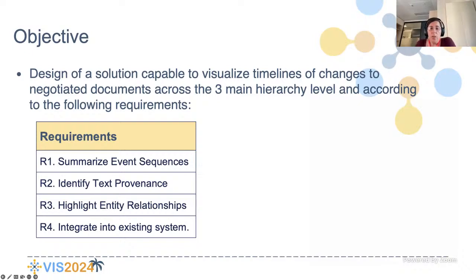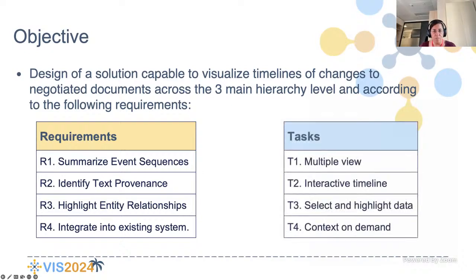The visualization should also highlight relationships between entities like text, events, people, and topics, and support identification of recurring patterns. And as a final requirement, the visualization should integrate seamlessly with the canons and all the interfaces already existing in the Quill platform.